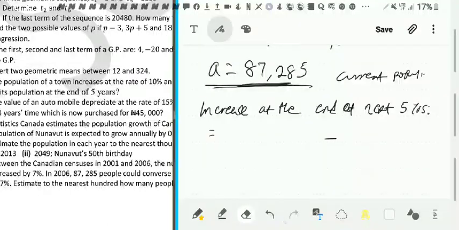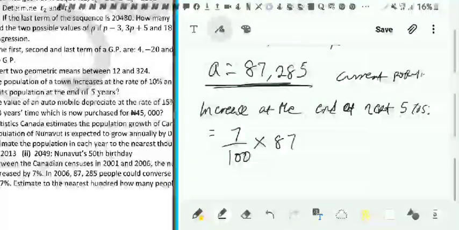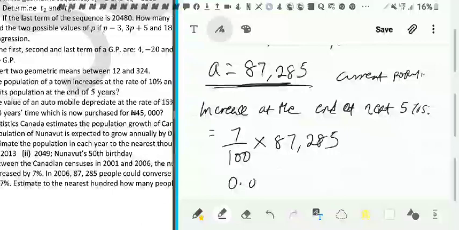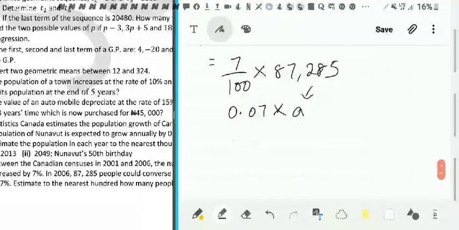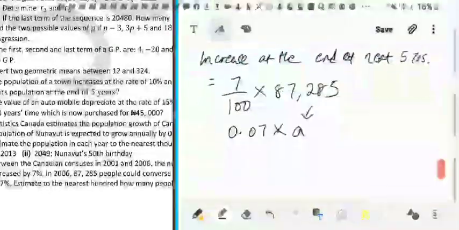Okay. So that's that about that. So the increase at the end of the next 5 years is 7% of what? Of 87,285. So that's 0.07 times A. This is the increase at the end of the next 5 years.